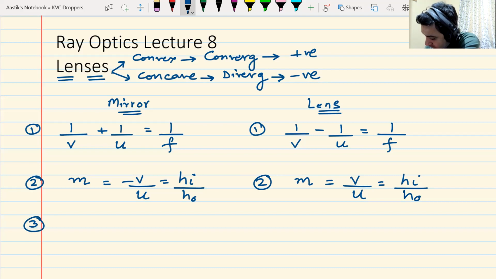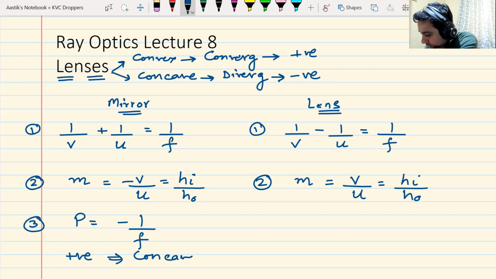Yes, sir. The formula for power of a mirror was minus 1 by F, and F was in meters. Yes or no? It was positive for concave, and concave was known as a convergent mirror. Please raise your hands and let me know that we understand this. Yes, sir.